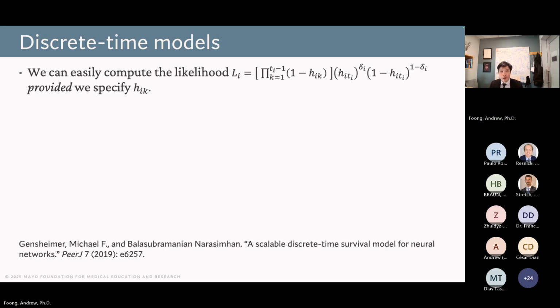So we can easily compute the likelihood, provided we specify each of the hazards, h_ik. And remember, h_ik is the probability of having the event if your patient i at time bin k, conditional on not having had the event before the kth time bin. So how do we specify that probability?